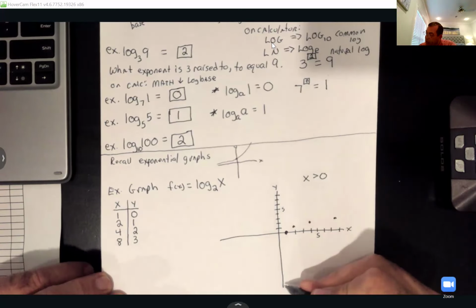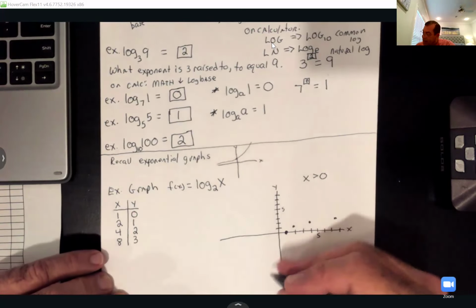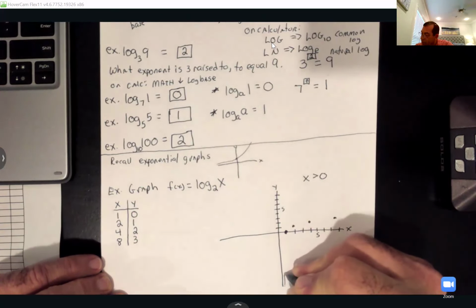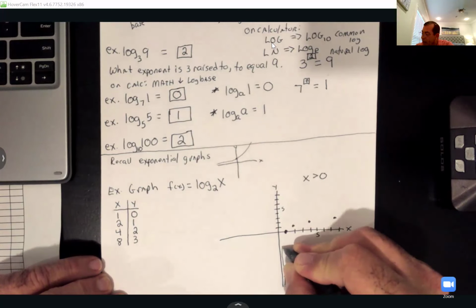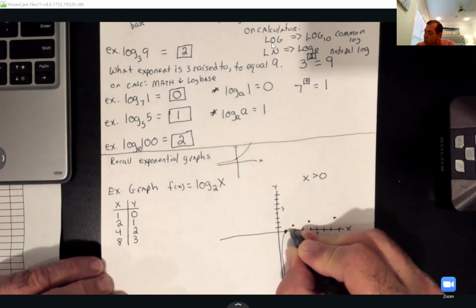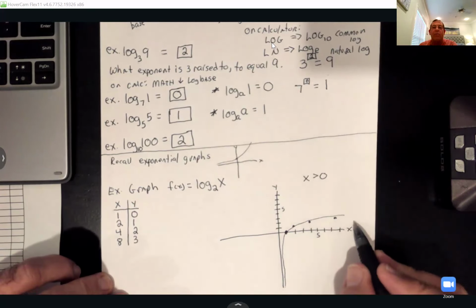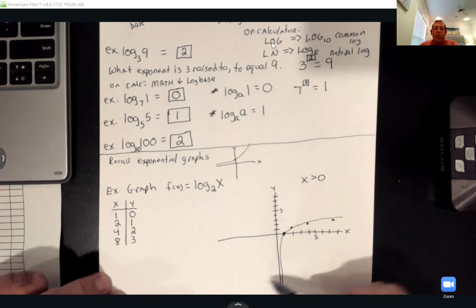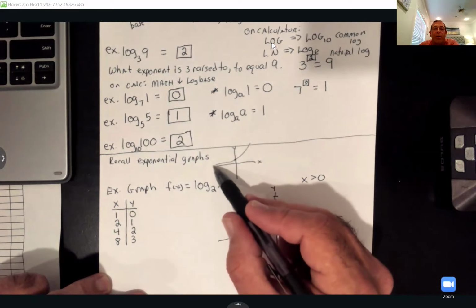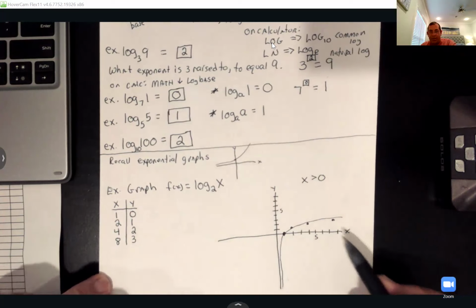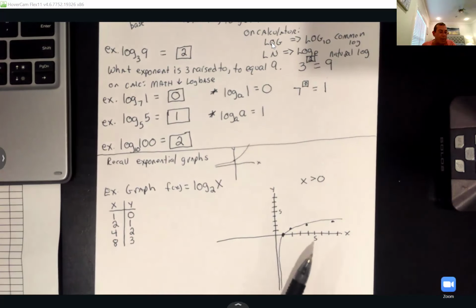So what these graphs will do, since they can't be in the negative x's, they make an asymptote with the y-axis here. They cross over at the 1, and then they just slowly go uphill to the right. So sort of the opposite of your exponential. This is its inverse, okay? So remember them pictures when you graph these.